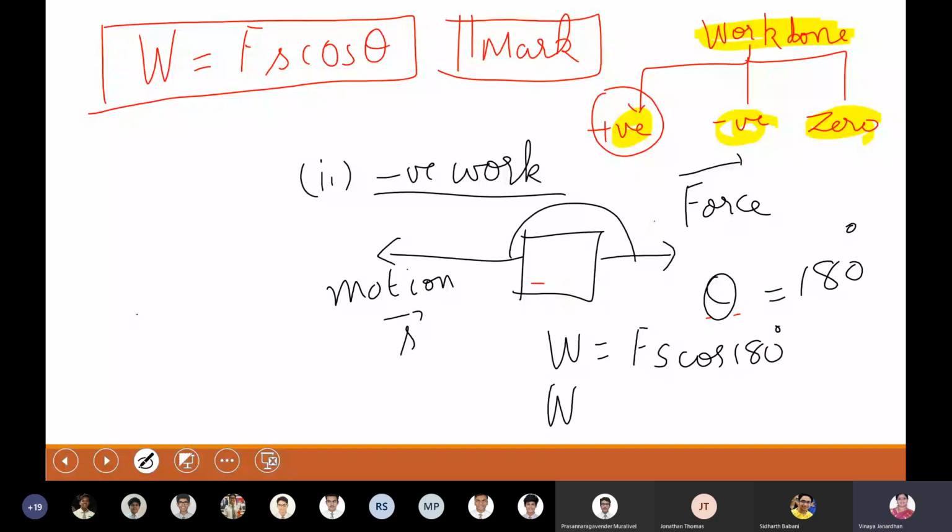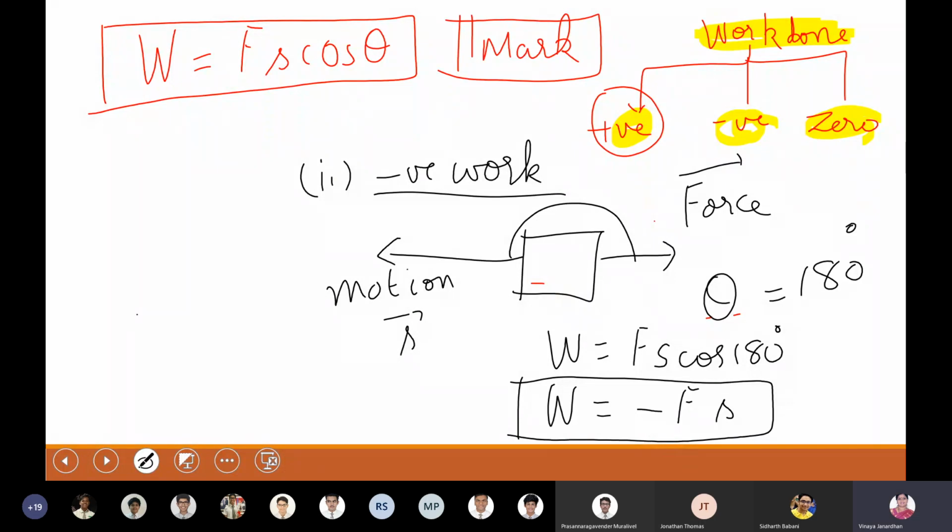So W becomes equal to minus F into S. Are you clear? Cos 180 is -1. So this is what we call negative work. We'll see examples later on from your textbook.